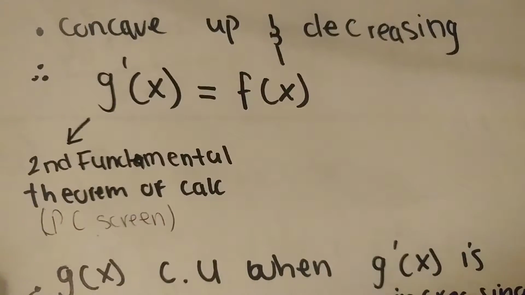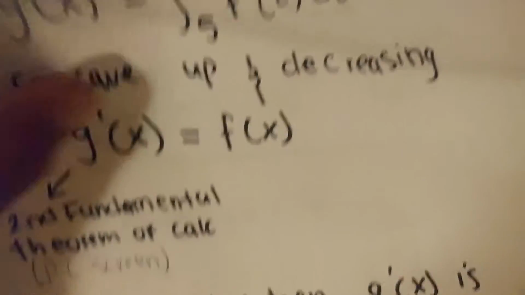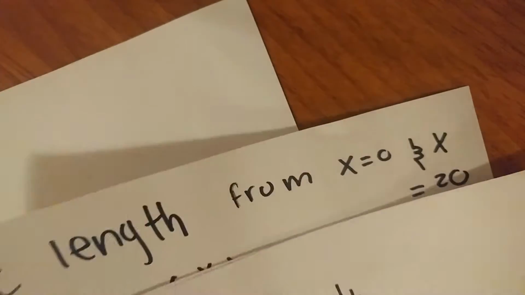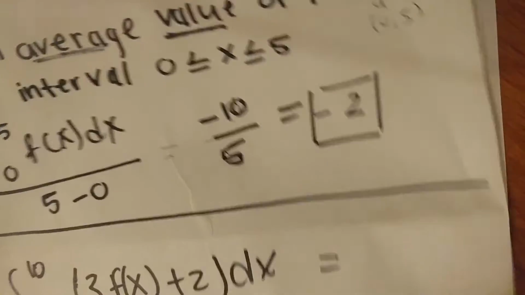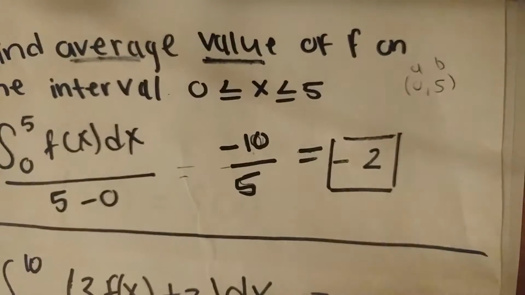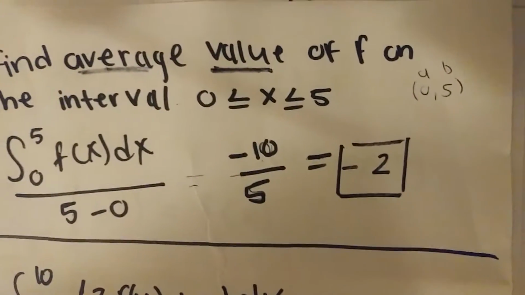So let's get started with A. Let's make this a little clearer. So A, finding the average value of f on interval 0 and 5.